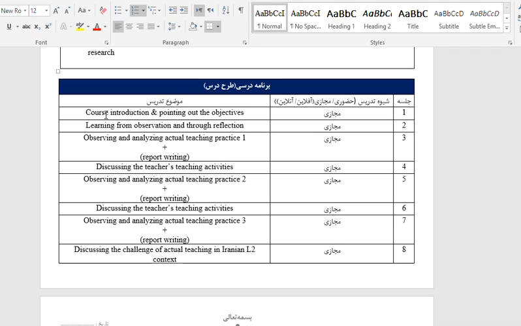Course introduction, pointing out the objectives over here. I tried to introduce the course and said that this is called practicum. Practicum means we have a course whose purpose is to help you bridge the gap between theory, whatever you have learned, and practice. You can understand what happens if you try to apply the theoretical ideas you have learned about teaching and learning in an actual classroom.